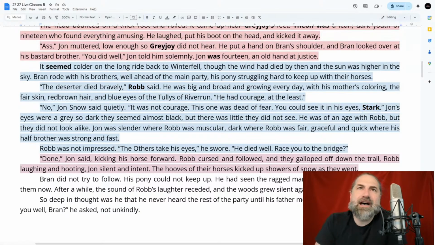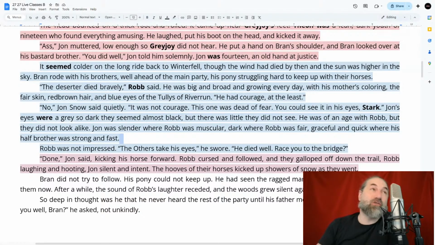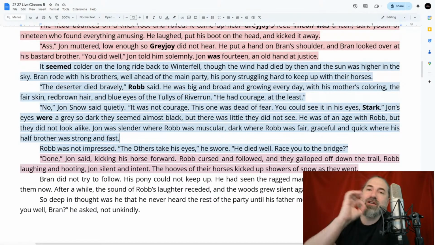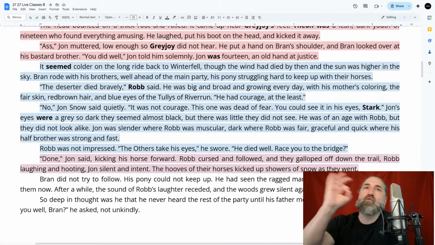All right, Jon's eyes were a gray. Don't use the word were. Now, see, this is saying were gray, not were a gray. So that's also author's voice. The way Martin is choosing to use certain words and play with word movement creates, I wouldn't say he's a lyrical writer per se, but it creates a rhythm.